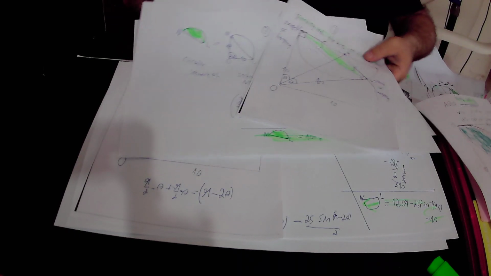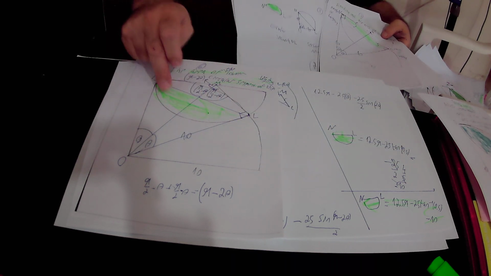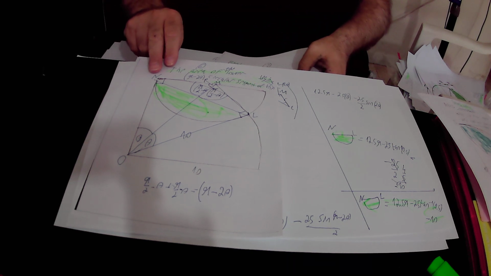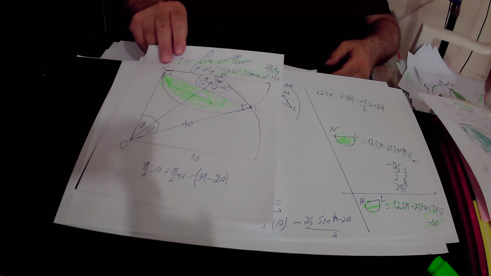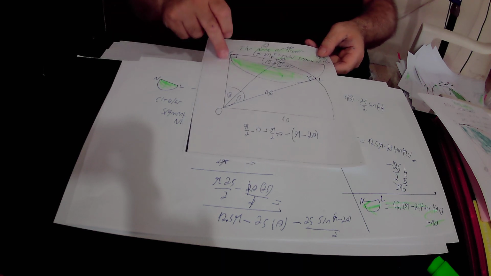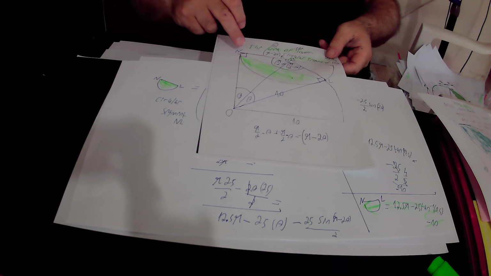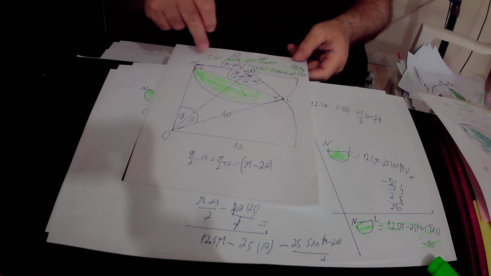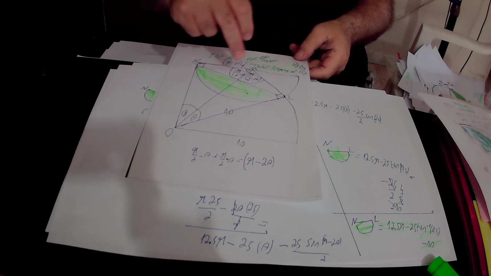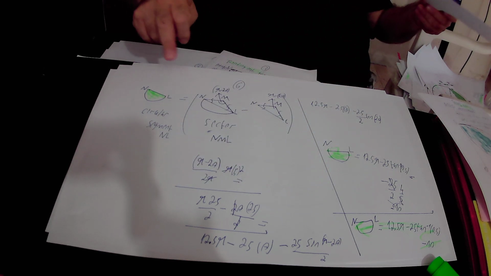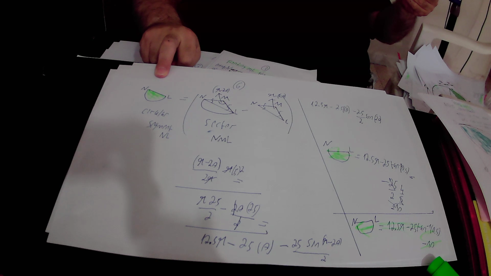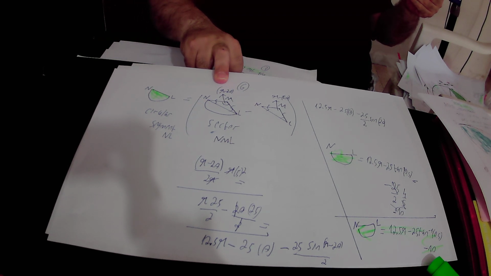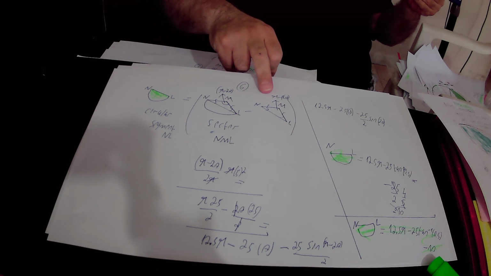Then we found the area of the lower circular segment of the big lens. What is the area of the lower circular segment? It will be equal to the area of sector NML minus the area of triangle NML.